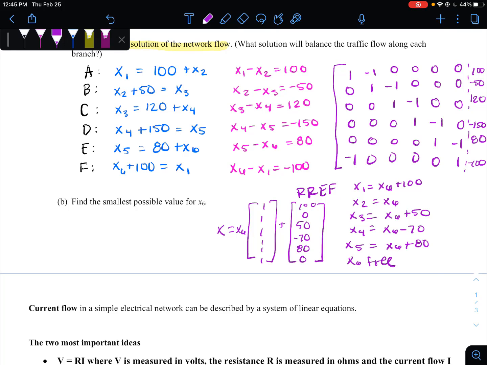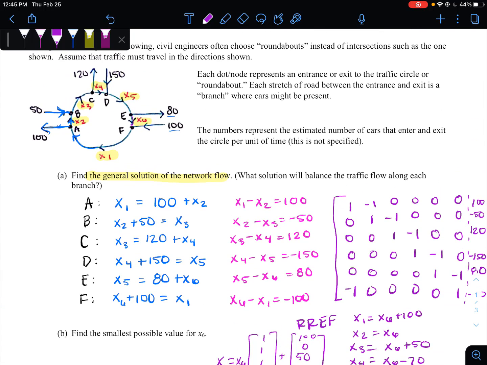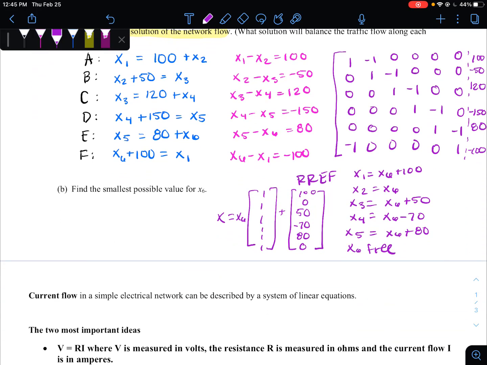If you think about finding the smallest possible value for x6, what is the least number of cars we can have here? Maybe we need to close the road and do some kind of maintenance. Well, how much can we close the road? To find the smallest possible value for x6, you want to look at your equations and say to yourself, I certainly do not want x4 to end up being negative.